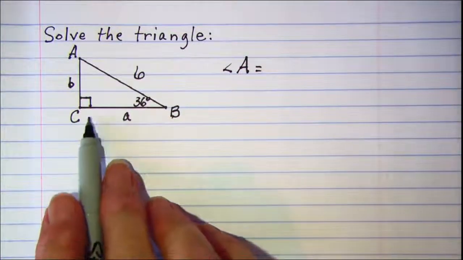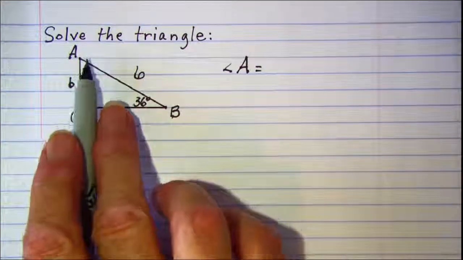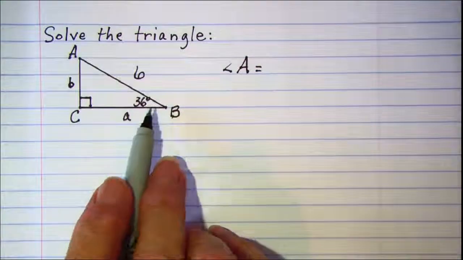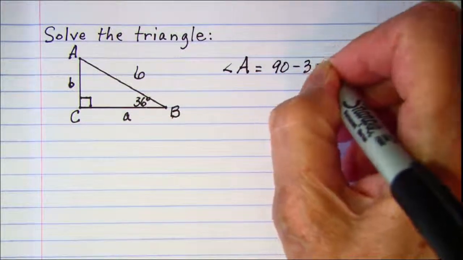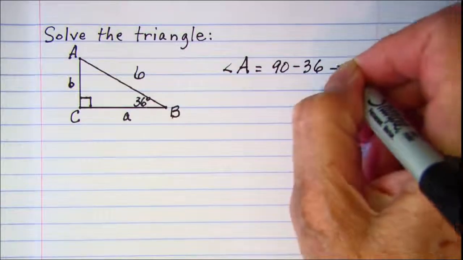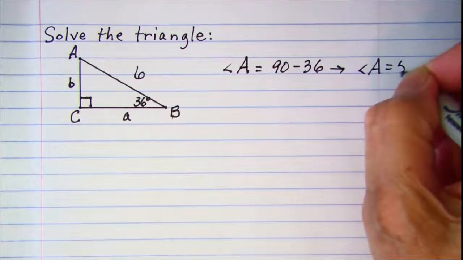We've already used 90 for this right angle, so the other two add up to 90. So we would just take 90 minus 36, and we can see then that angle A is equal to 54.